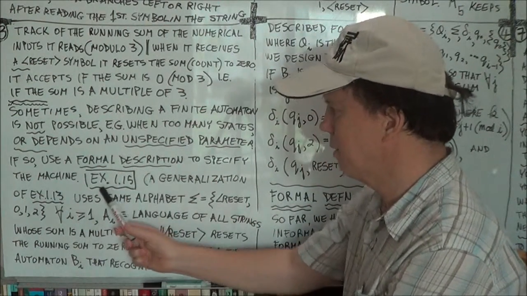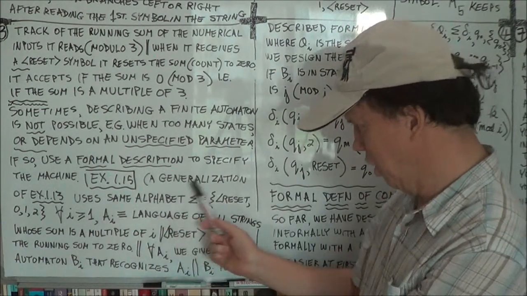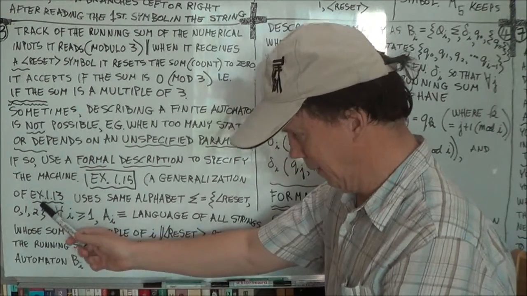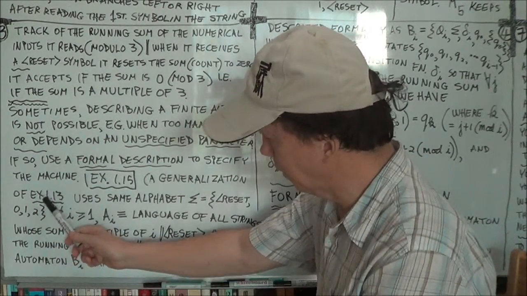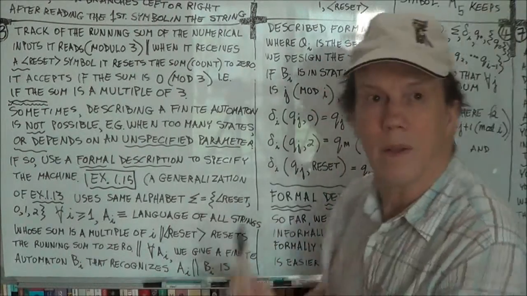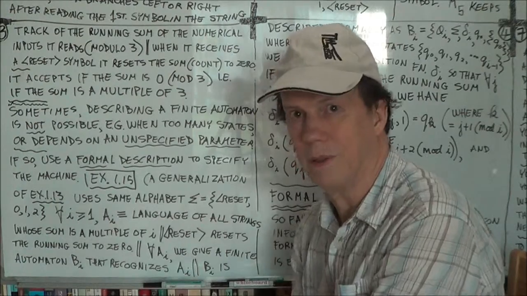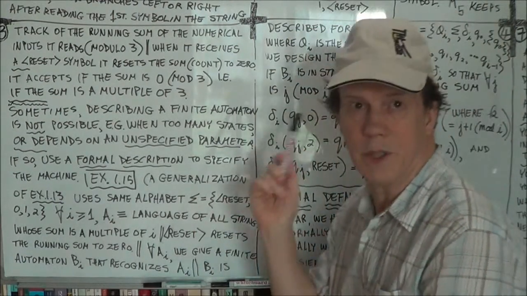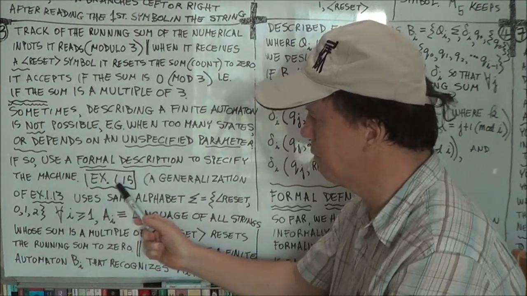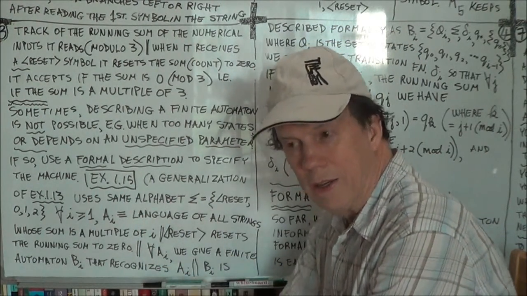So this is example 1.15, and it's a generalization of example 1.13. That was the summer mod 3, the second example we did in the previous session. So example 1.15 is a generalization of that.